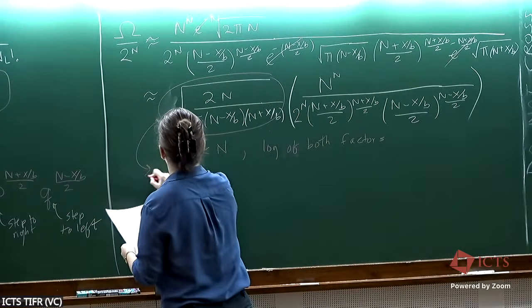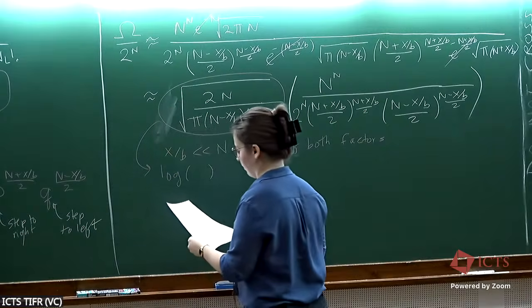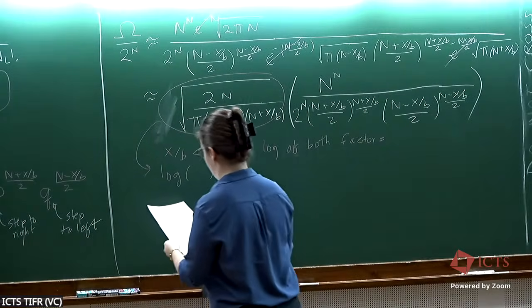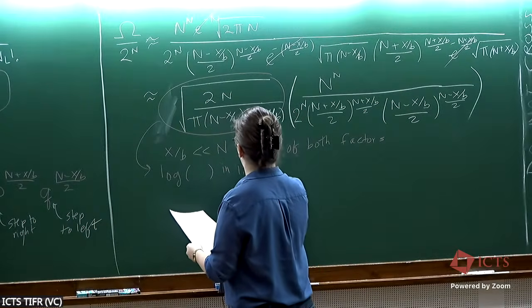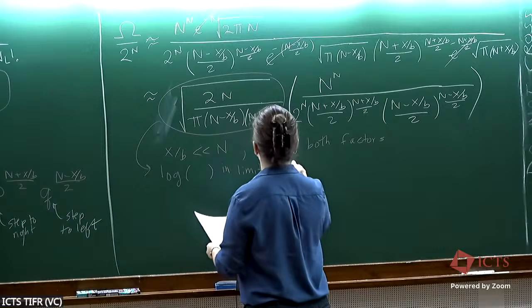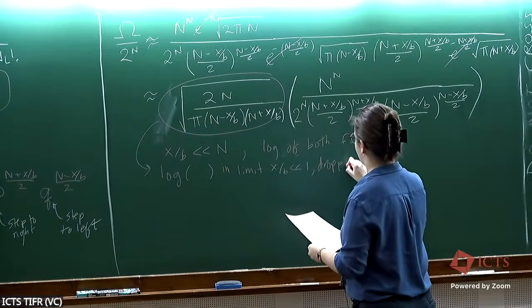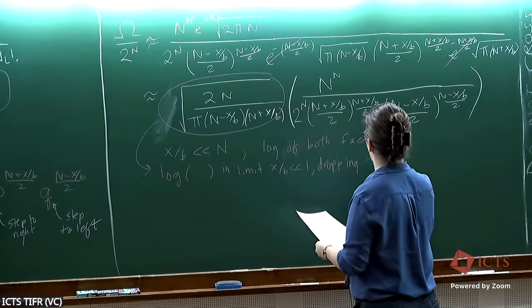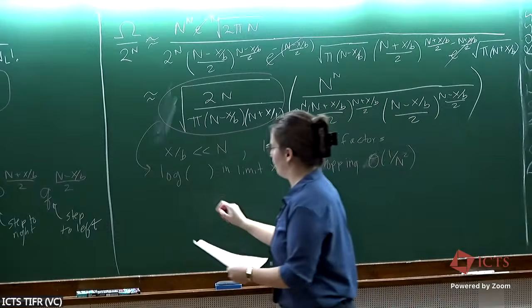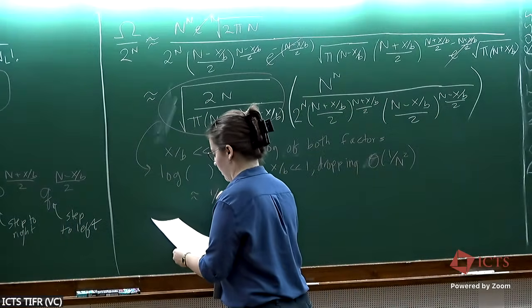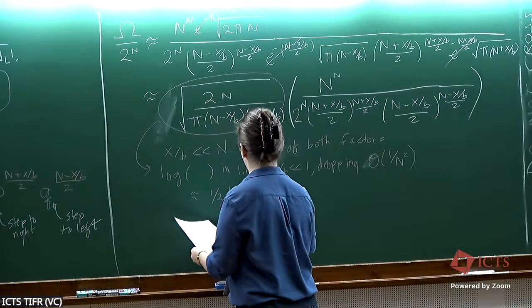So the log of this term in this limit, in the limit of x over b much, much less than n, dropping terms of order 1 over n squared. This term just gives me 1/2 log of 2 over pi n.